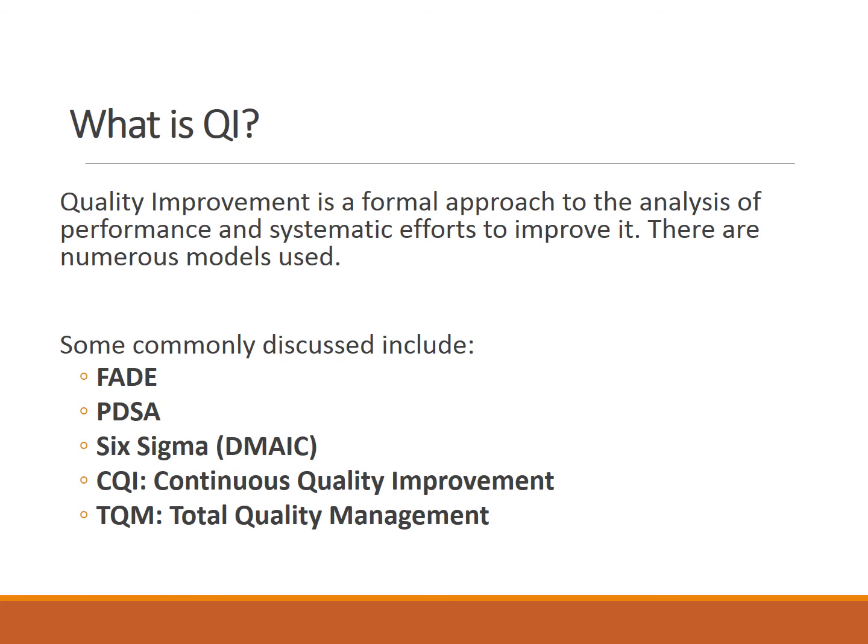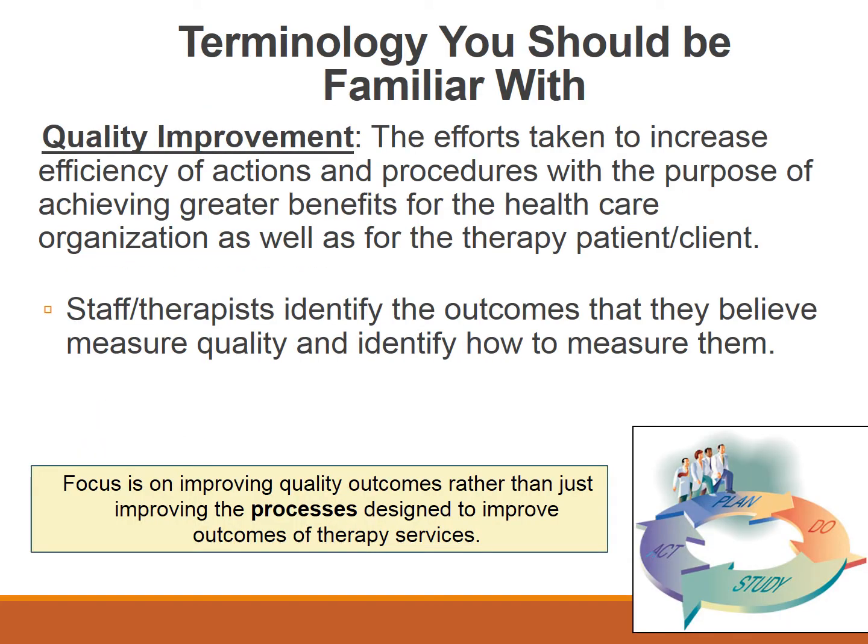All of these are systems that different companies use, and they use it as their process wheel to make sure when they have a problem, they're analyzing it thoroughly and making sure that they're correcting it. So as I mentioned, quality improvement is targeting areas that are deficient or that deviated from the norm, and it's trying to improve the care so that everybody goes back on track.